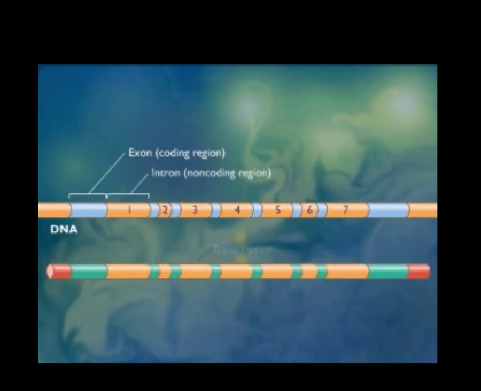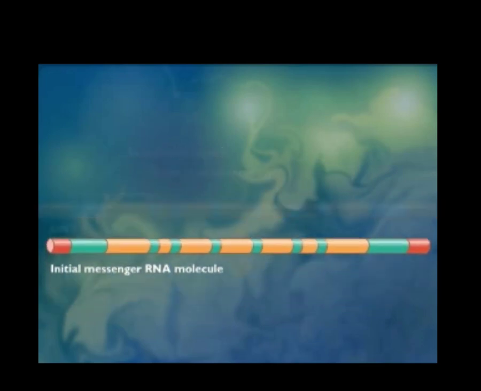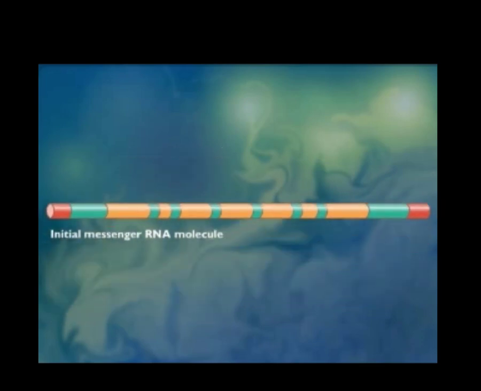Most eukaryotic genes are composed of numerous short coding sequences called exons, interspersed between long stretches of non-coding sequences called introns. The initial messenger RNA molecule copied from a gene includes introns as well as exons. Before this RNA molecule can be used to make a protein, the introns must be removed by a process called RNA splicing.